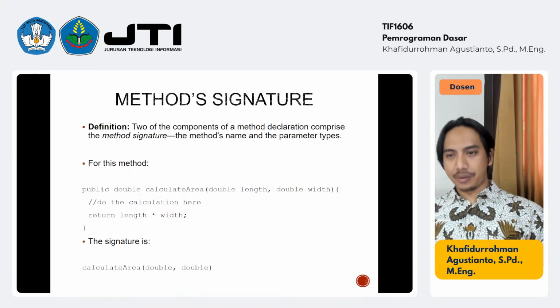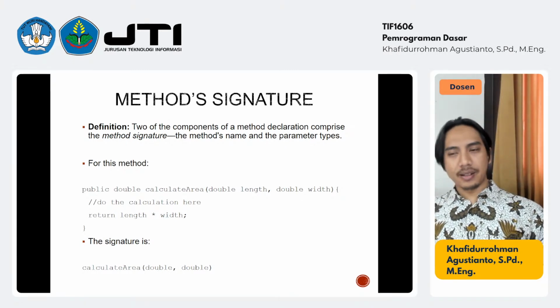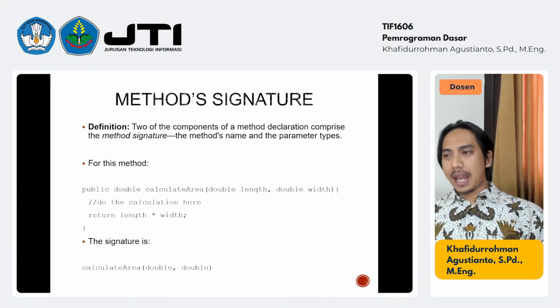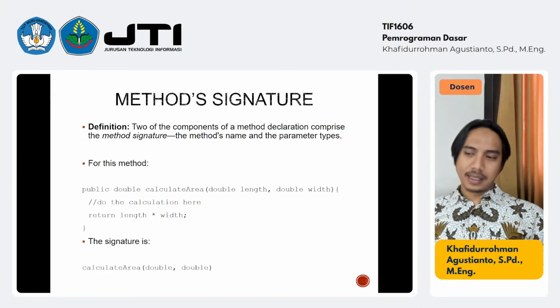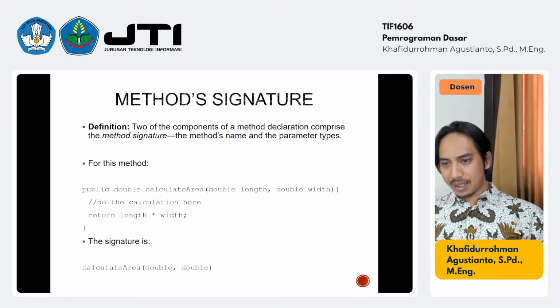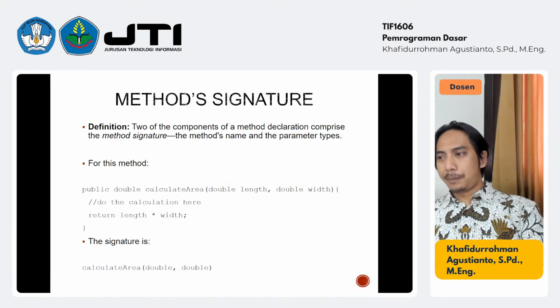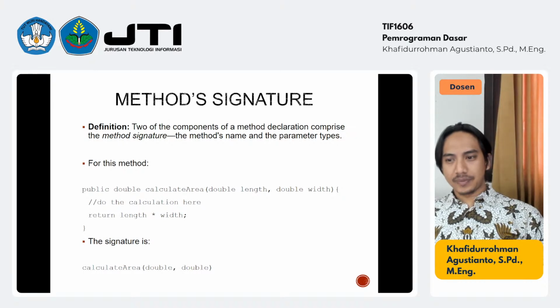Method signatures. Two of the components of a method declaration comprise the method signature: the method name and the parameter types. For this method, public double calculateArea(double length, double width), you write down your body between brackets, then return length times width.